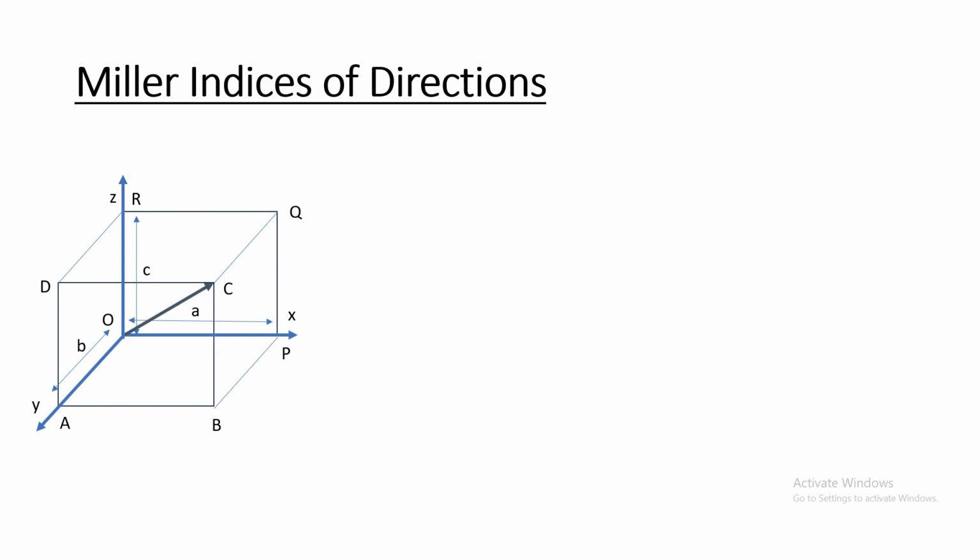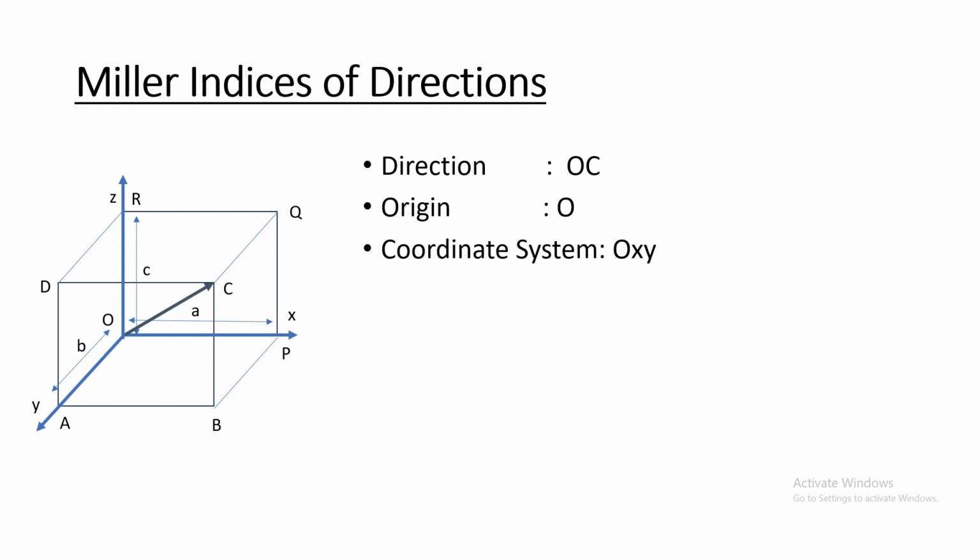We look at another example. Here the direction is OC. We will try to generate Miller indices for this particular direction. Here the origin is O and the coordinate system we will select as OXYZ. This origin is in the direction, so we need not take another origin. The coordinate system still remains. Now we will select another point, that is C, in the direction, and we will find the coordinates of this point.